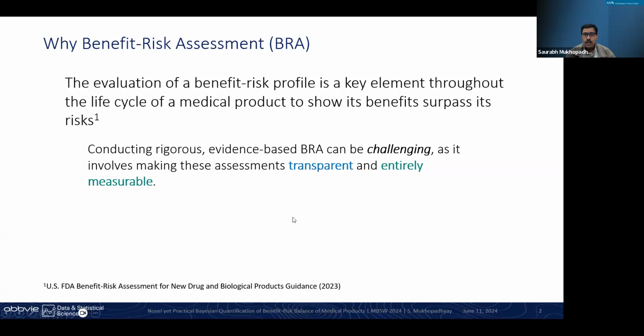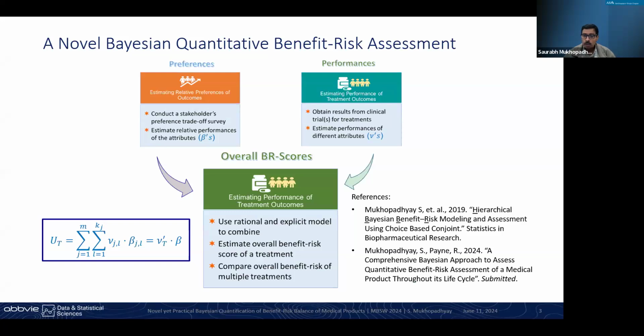The approach that we proposed here is a novel approach where we achieve this transparency and measurability in a few steps. First, it measures the preference for a treatment for a specific disease or indication.